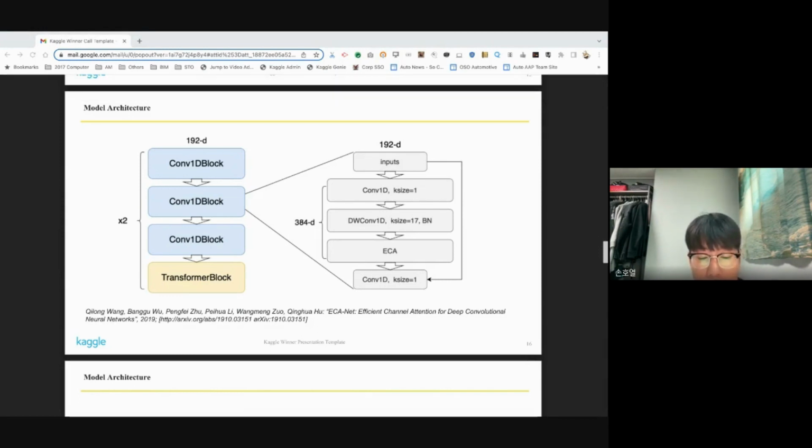Each 1D convolutional block has a structure similar to the inverted bottleneck architecture using depthwise convolution as proposed in MobileNet. The differences are fewer batch normalization and activation layers used, and instead of the SE module, I used the ECA module, which uses much fewer parameters and computations.